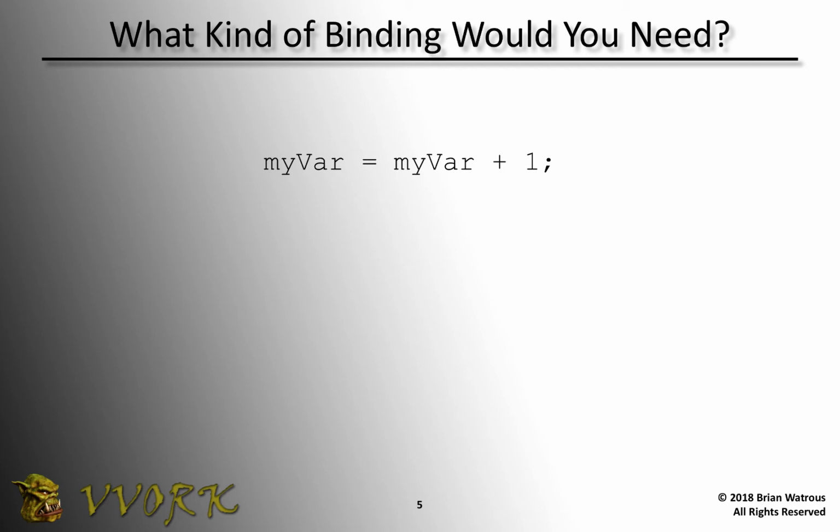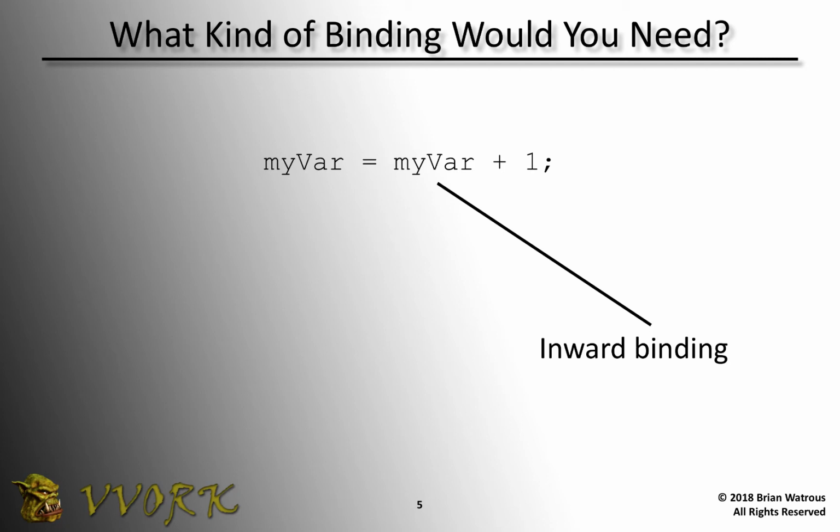Well, admittedly, that was a little bit of a tricky question because the answer is you actually need two bindings in this case. You need an inward binding to the variable called myvar, because in order to be able to add 1 to the existing value in myvar, we need to know what's in myvar. What is the value that's stored in myvar? That would require an inward binding.